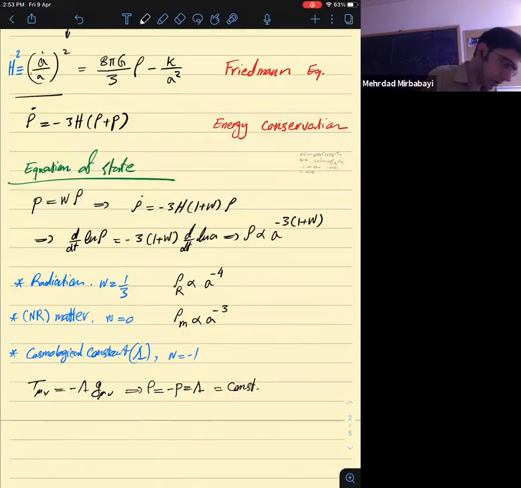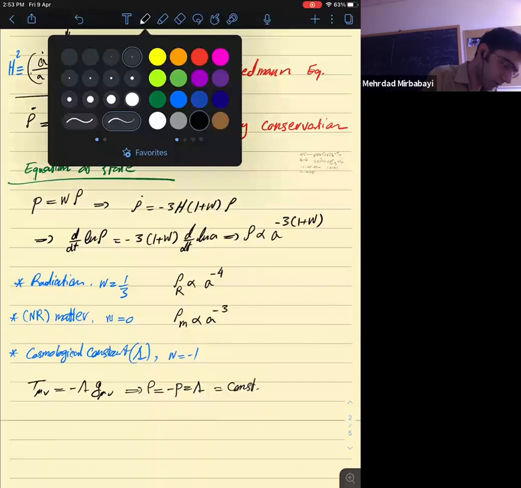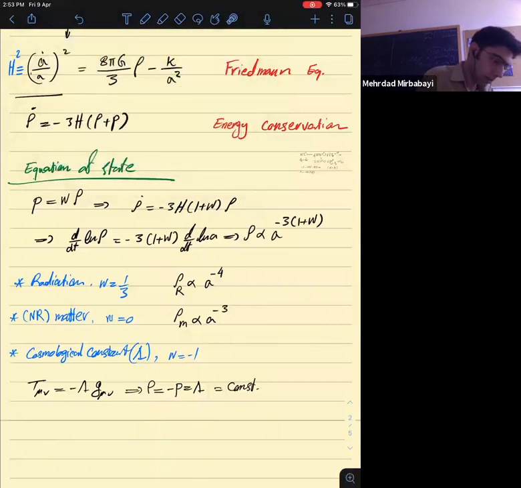It's also sometimes useful to think of the curvature. So remember here we have also a contribution coming from the spatial curvature of these slices. Sometimes it's useful to think of that as also a source of energy density, a fictitious energy density, just to put everything together.